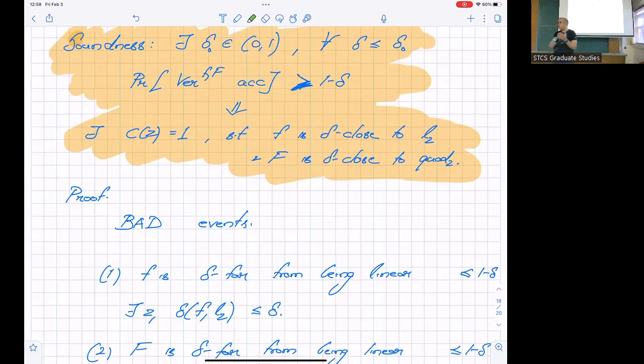That's why we were able to get that 3 became 9 or 14 or whatever. The bad thing about that code was the rate. So if you could design another constant query testable code which had better rate, one could conceive doing this. So that will be our next goal.